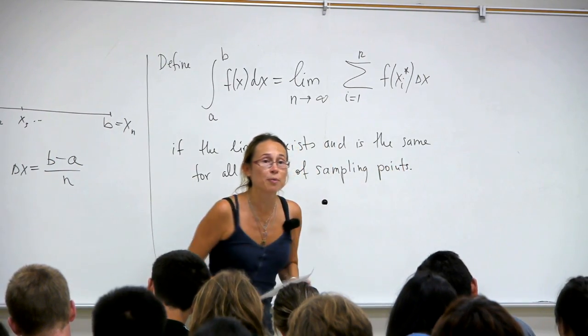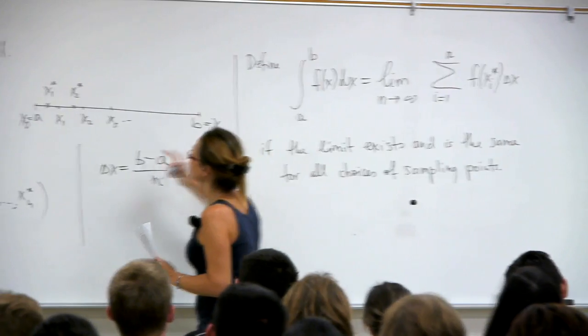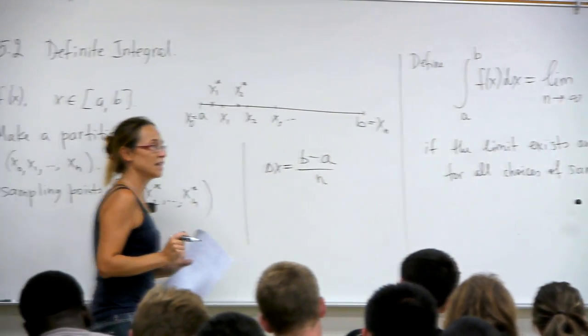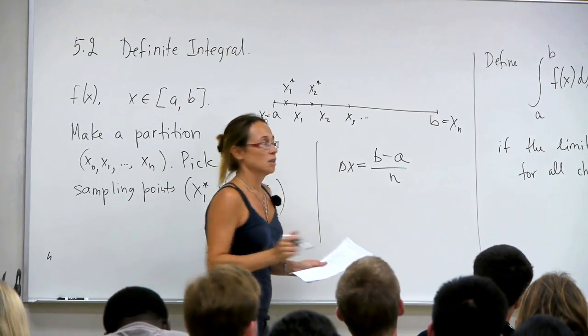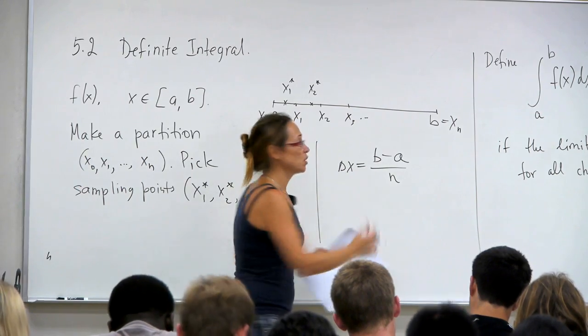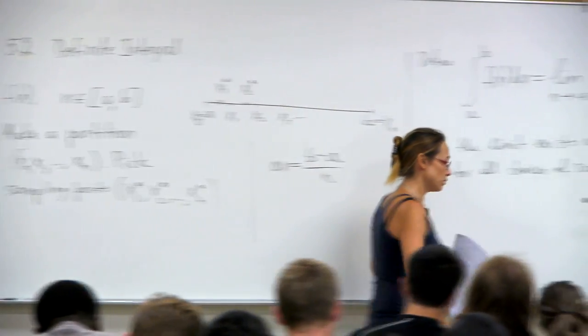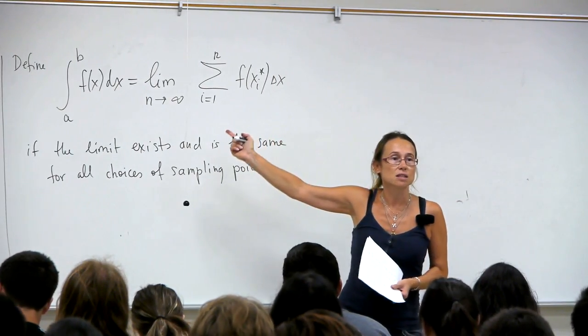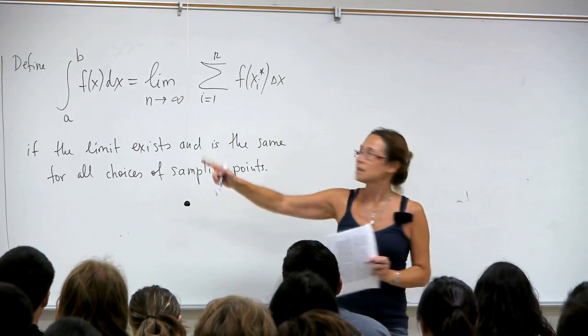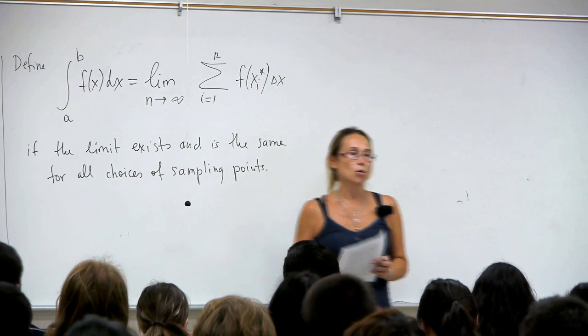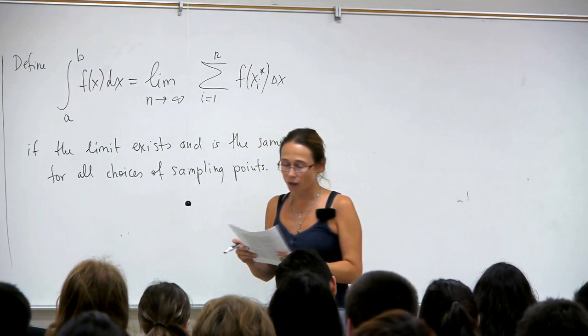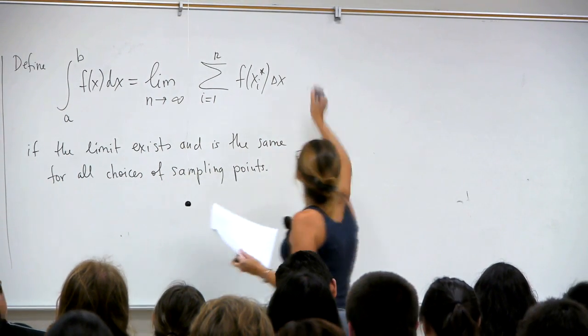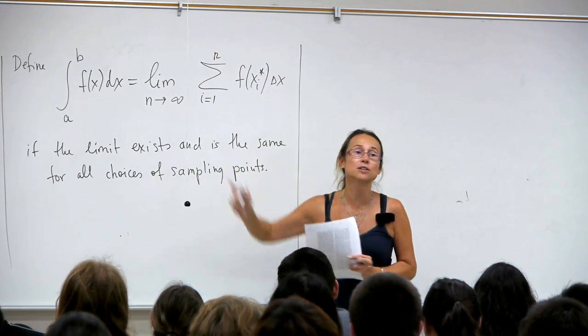For instance, it could happen that if I choose the sampling points to be the left side of each interval, the left-hand rule, and I take the limit, I get a number. Then I choose them to be the right side of each interval, and the limit is different, then this definition doesn't make sense. So it only makes sense if the limit exists and if it's the same for any choice of those sampling points.